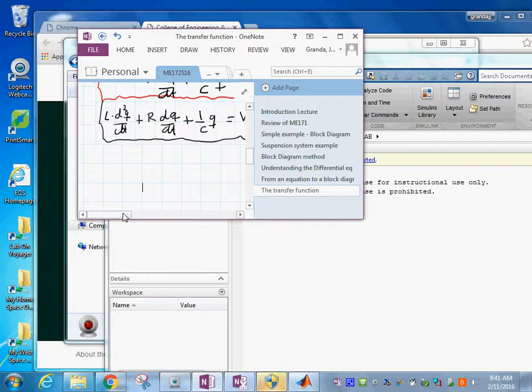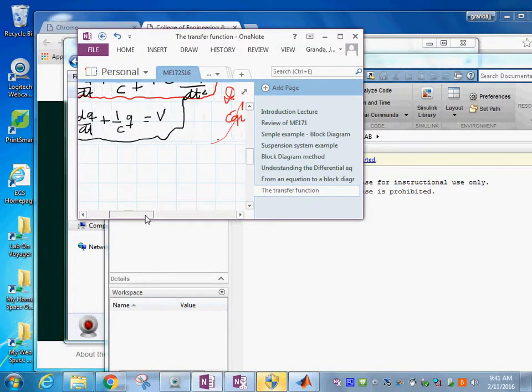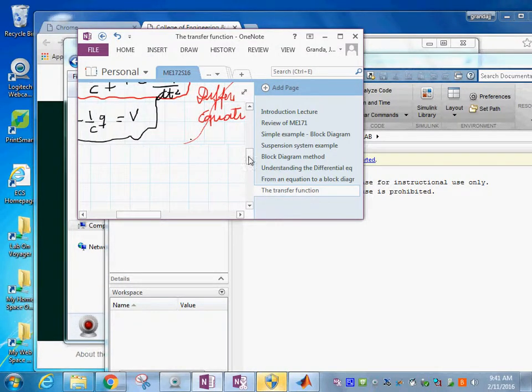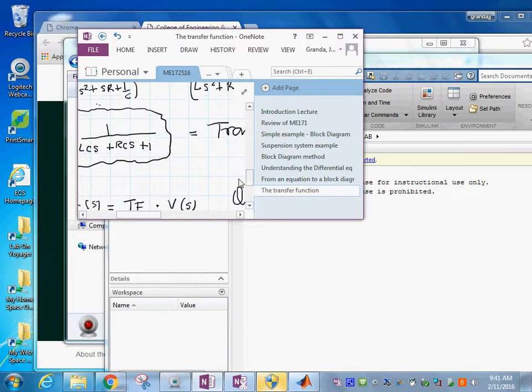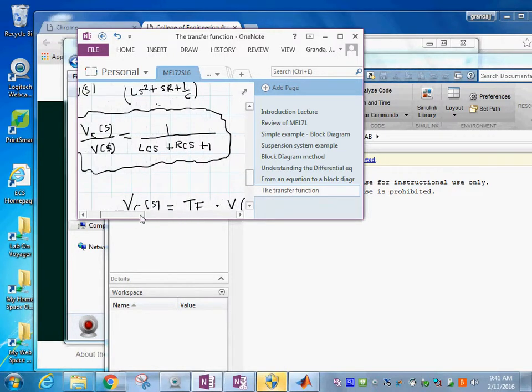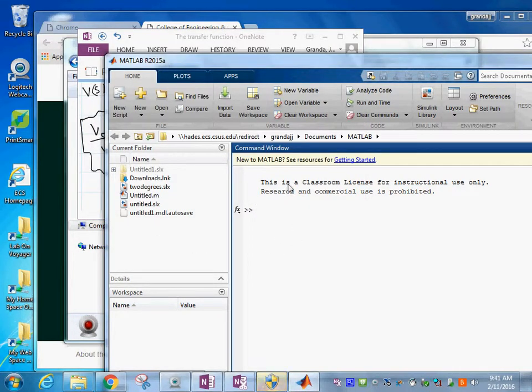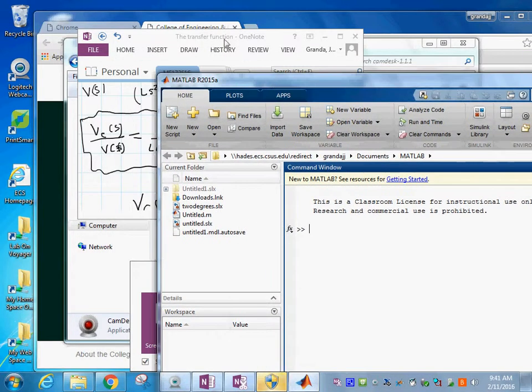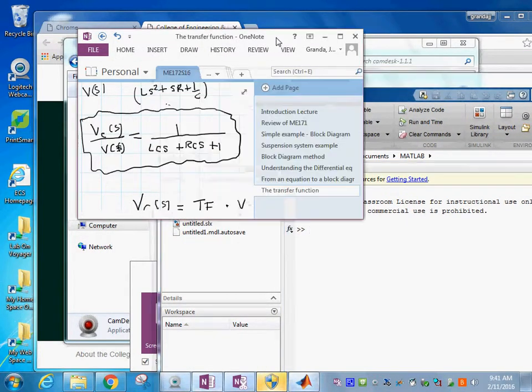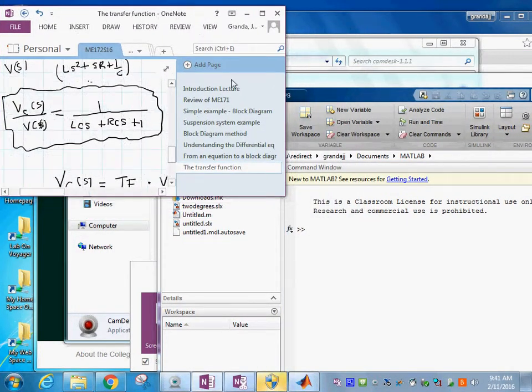So if you come over here, you have a numerator and a denominator, because the transfer function is always a fraction.